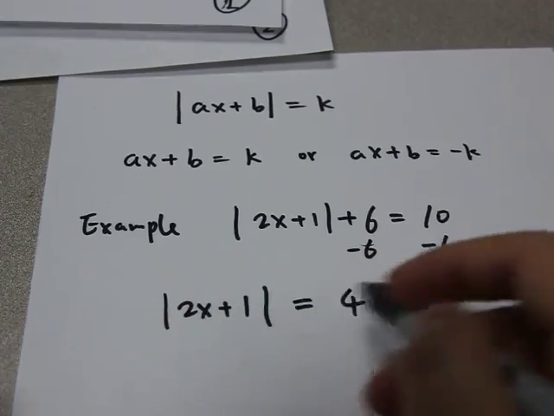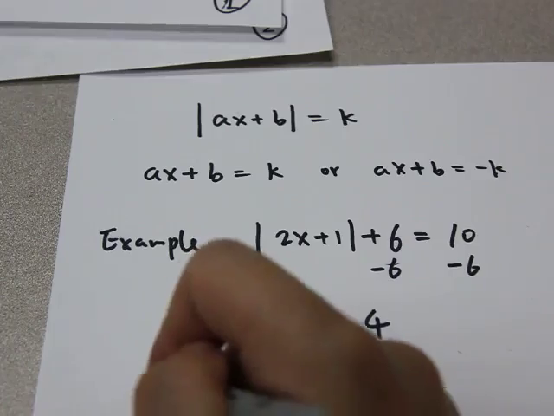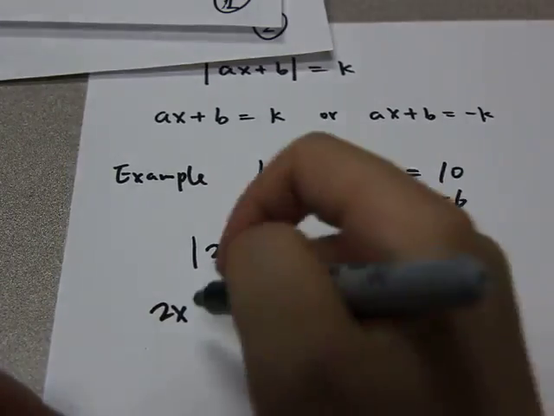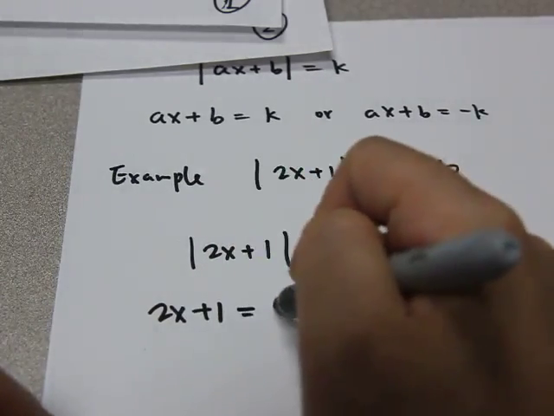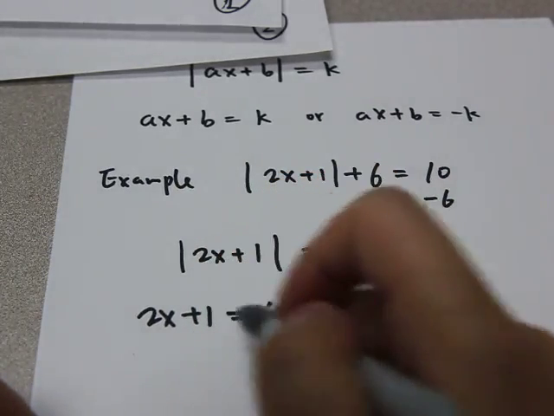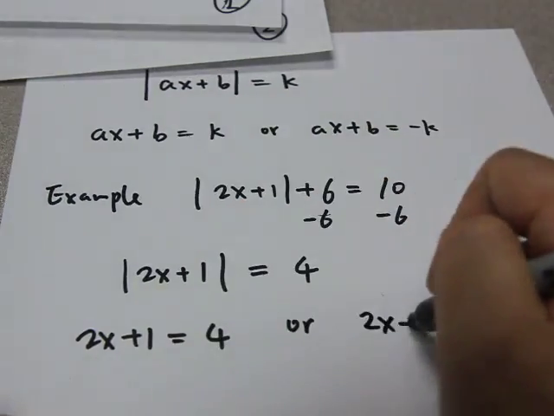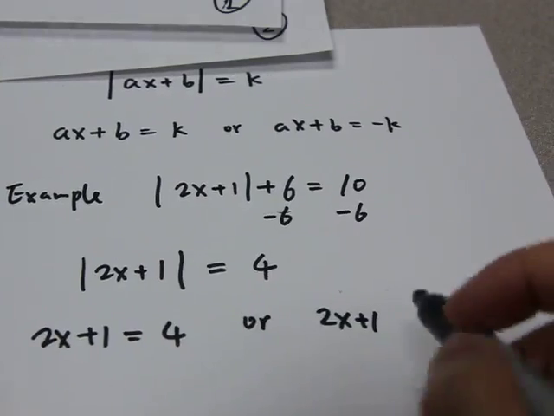Okay, at this point, we apply this property, so we can generate two equations. One is 2x plus 1 equals positive 4. So that means 2x plus 1 is a positive number. It is positive 4. Another equation is that 2x plus 1 and 4 are opposite.